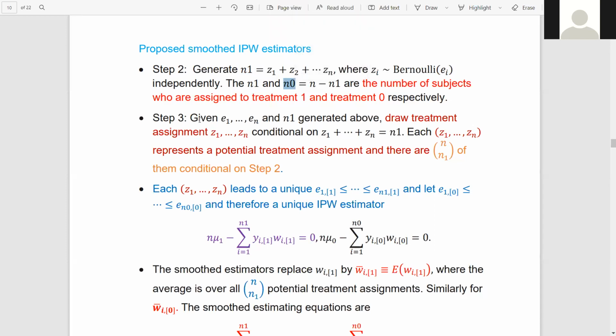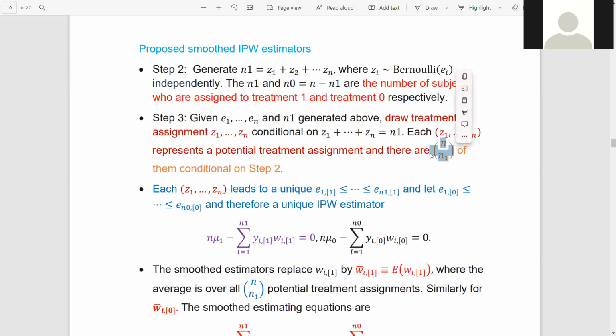Then in step 3, we decide which of the N subjects will be in group 1 (N1 of them) and which will be in group 0 (N0 of them). So the number of possible choices is N choose N1, a huge number.